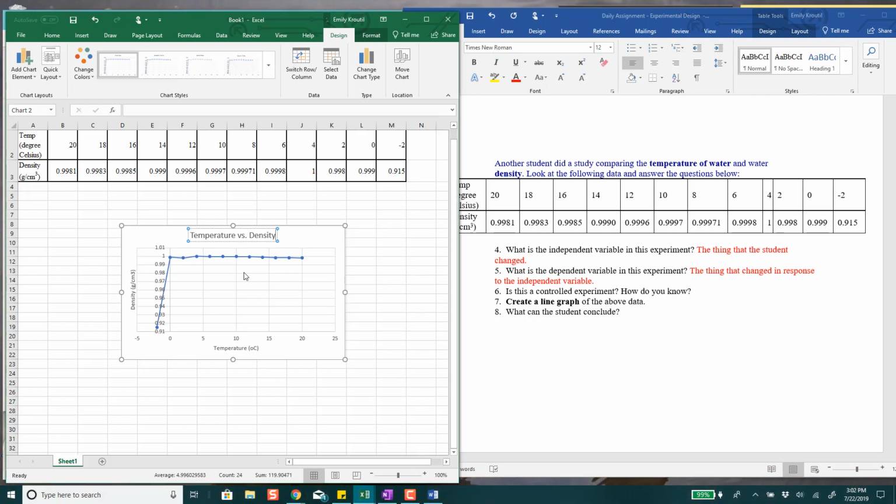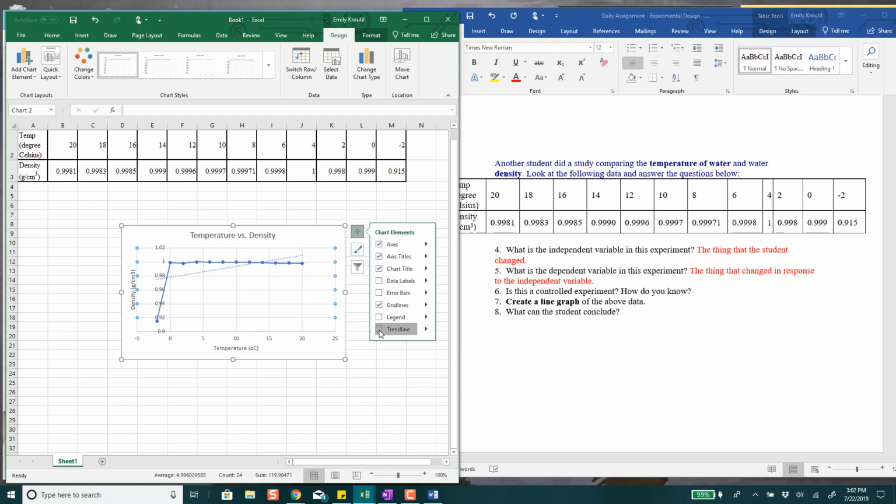You can change your colors if you want. Let's discuss how to make a best fit line just in case you might need it later. So that's a best fit line that we could add if you wanted to. You don't have to, but there's our graph.